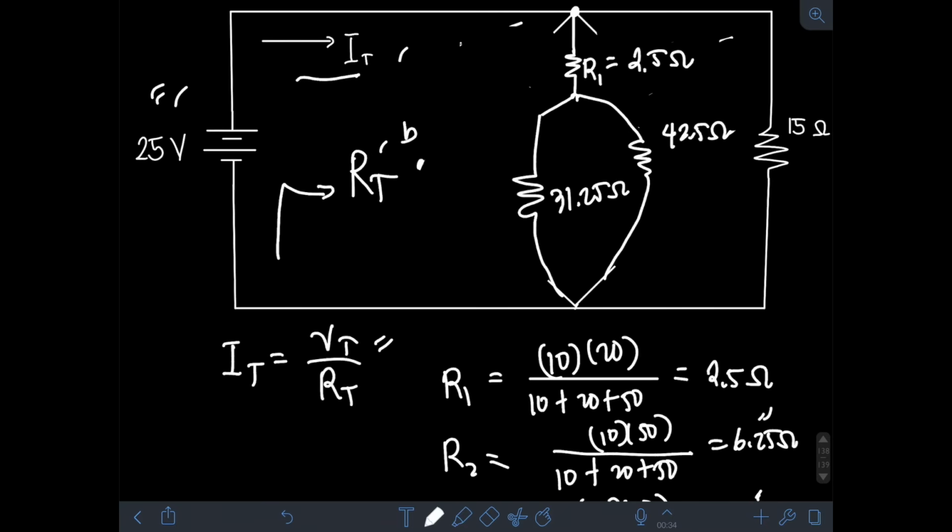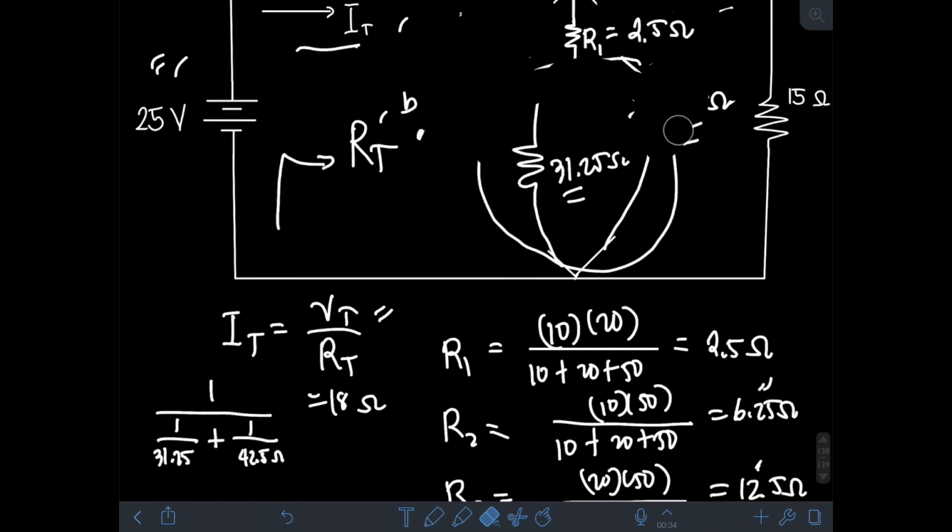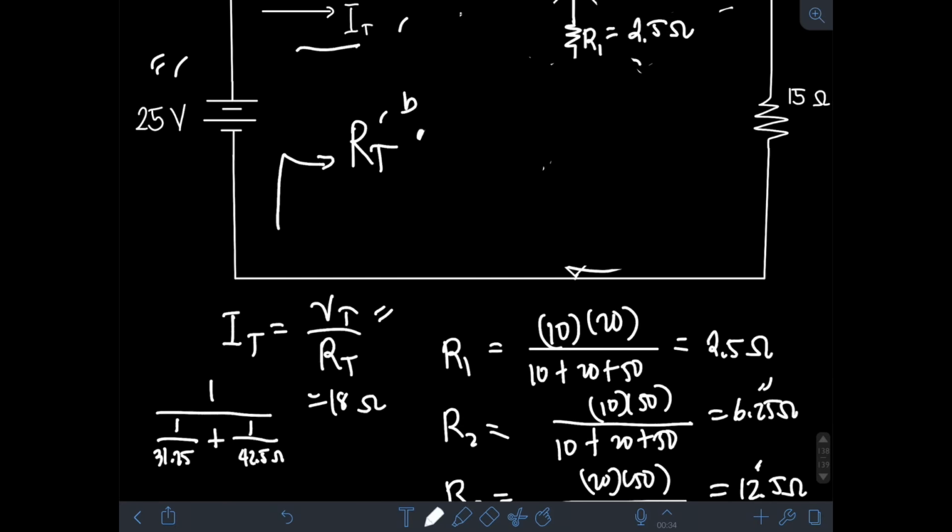Now, these two resistors are in parallel, so we can apply the formula for two parallel resistors: 1 over the sum of the reciprocals, so 1 over 1 over 31.25 ohms plus 1 over 42.5 ohms. That is approximately 18 ohms. So, I will replace these two parallel resistors as a single resistor equivalent to 18 ohms.